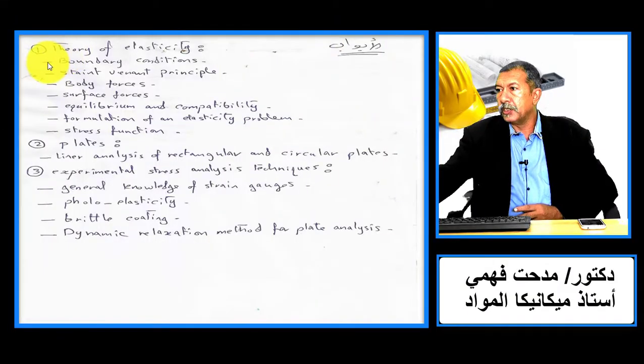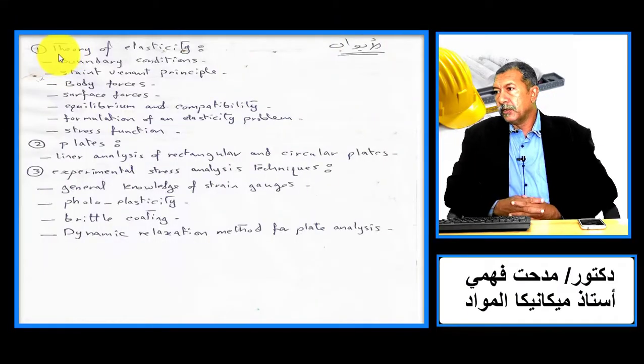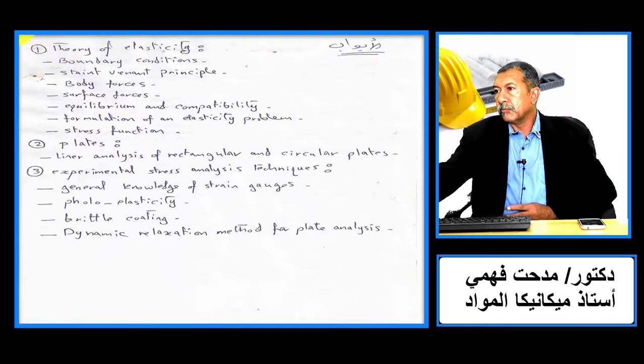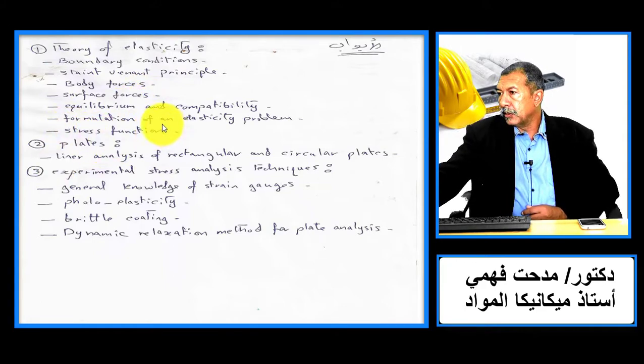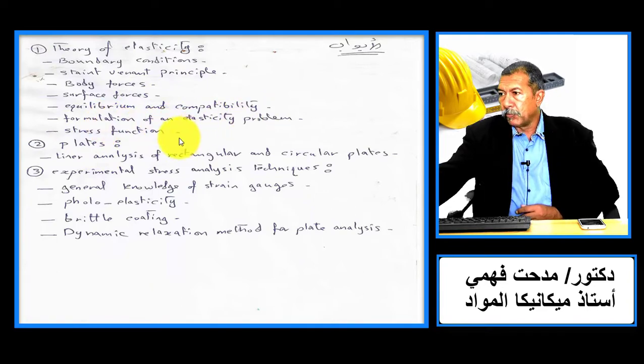The course contains about 3 chapters. First of all, we have theory of elasticity, and this chapter contains boundary condition and some other subjects such as surface force and stress function, up to formulation of elastic problem.